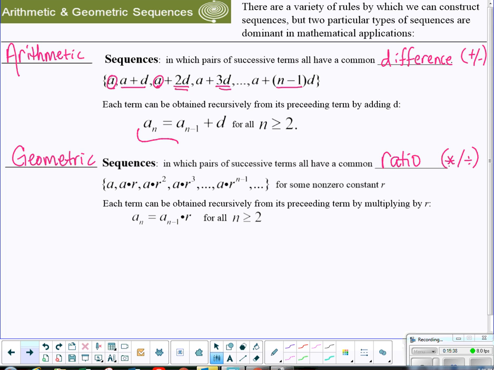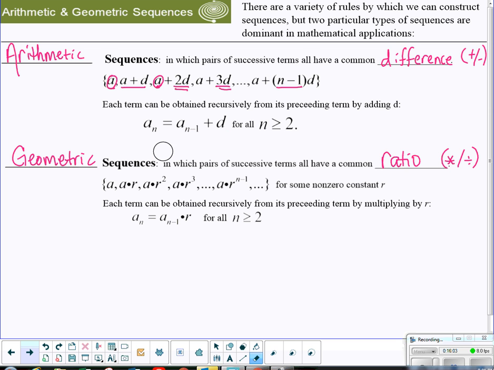This is often recognized as the kind of generic equation for finding the arithmetic sequence term. And it's starting at 2, so that when I go 2 minus 1, I get the a sub first term, and that will give me the a sub second term there, right?